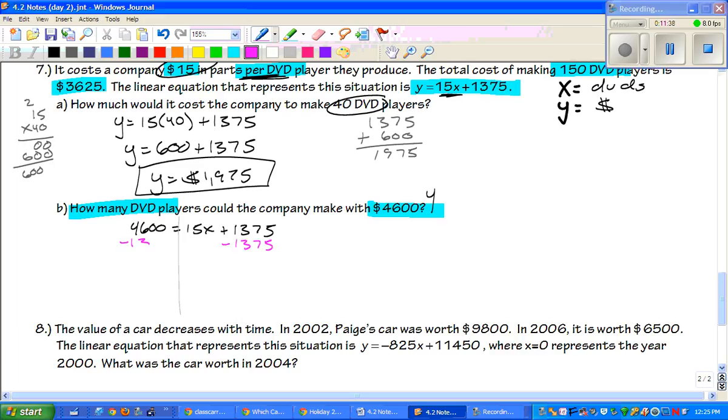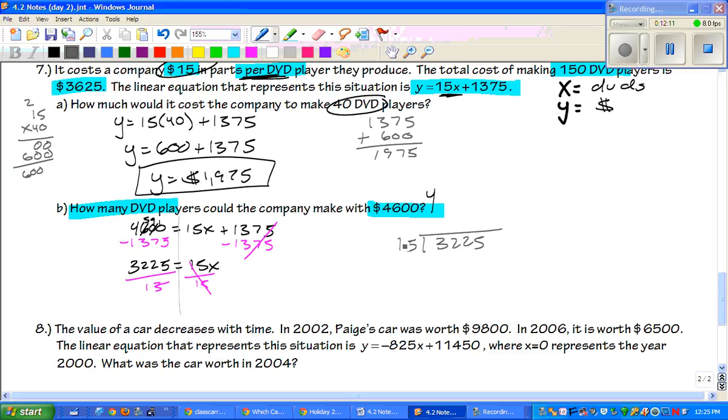So we have to subtract that from both sides. We need to borrow, that turns to a 5, a 9, and a 10. And we get 3,225 equals 15x. To solve, we have to divide both sides by 15. And we need to do that over here.